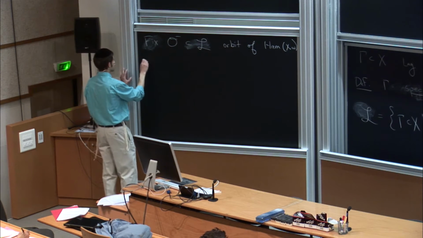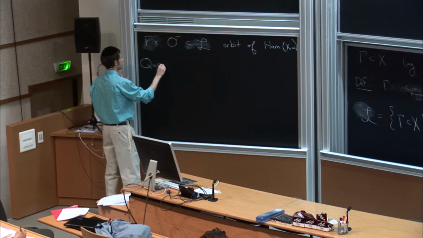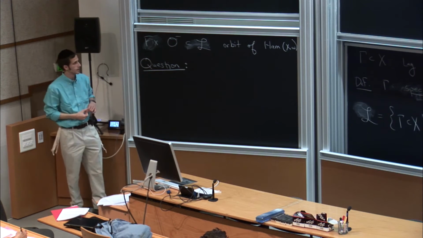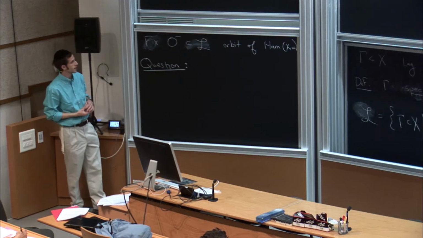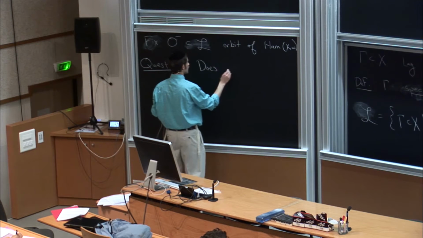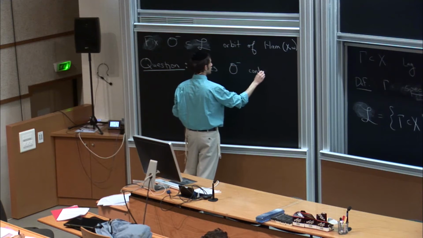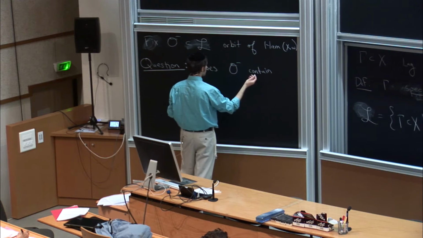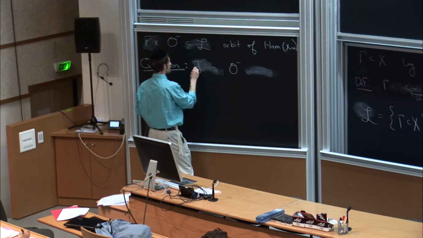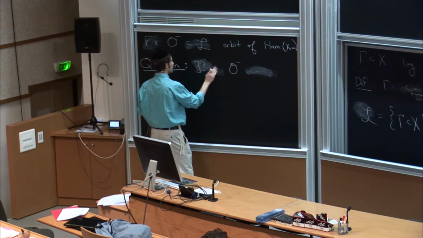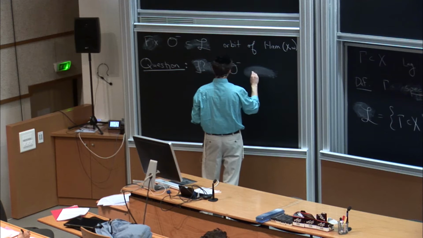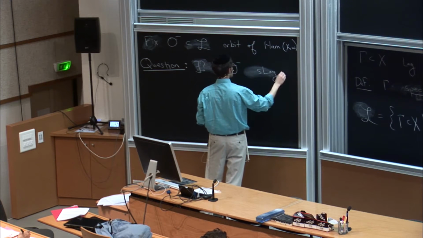And a question which people are interested in is, does a given orbit of Ham contain a special Lagrangian representative? So does there exist gamma which is special Lagrangian?